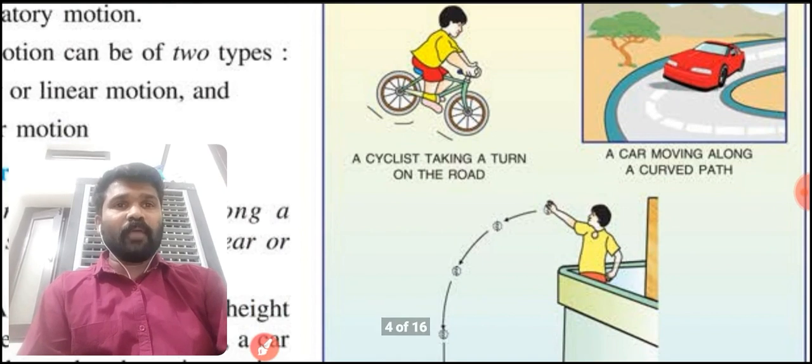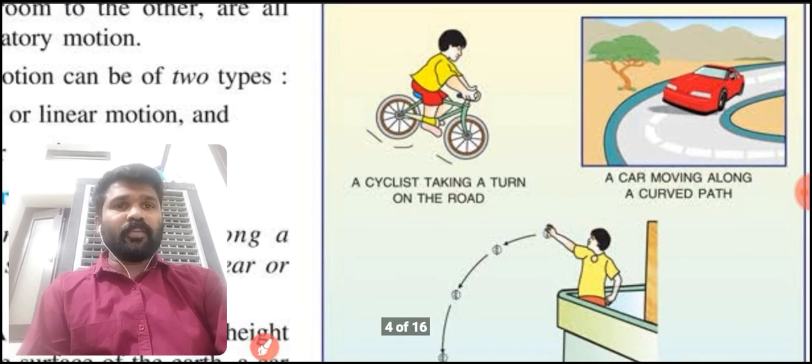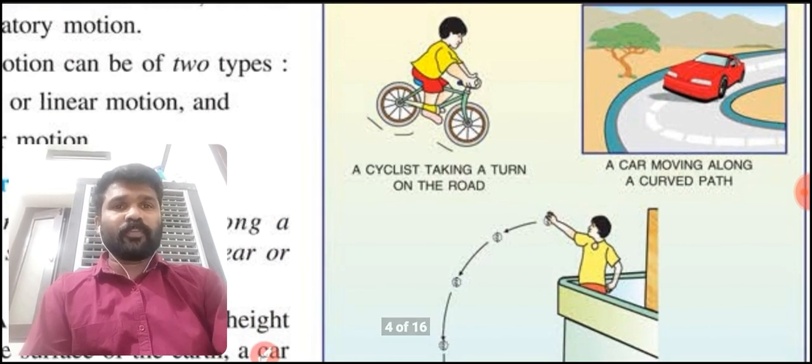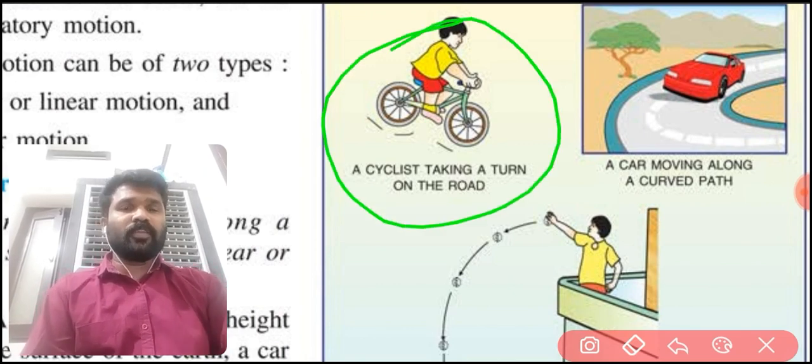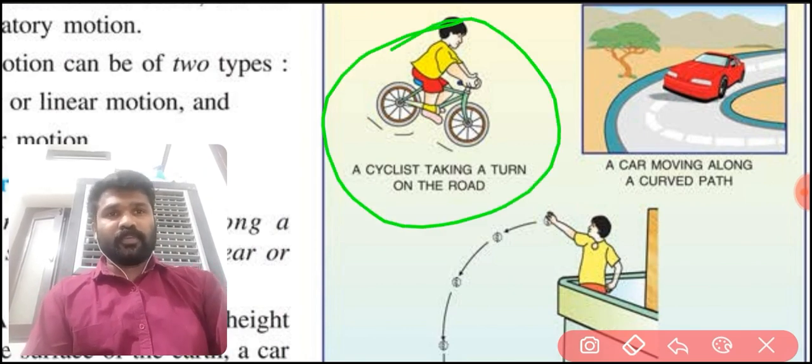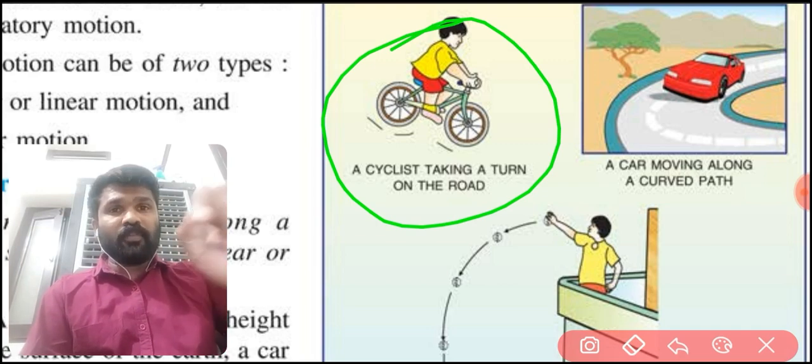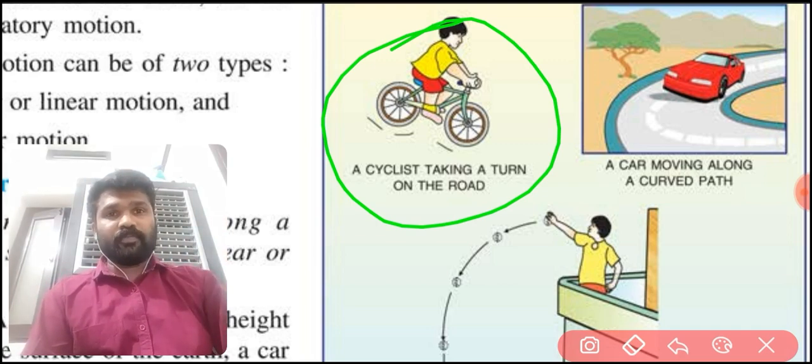Here are some examples. Just observe it. First one, a cyclist taking a turn on the road. The cyclist moves in a curved path. So it is a curvilinear motion.